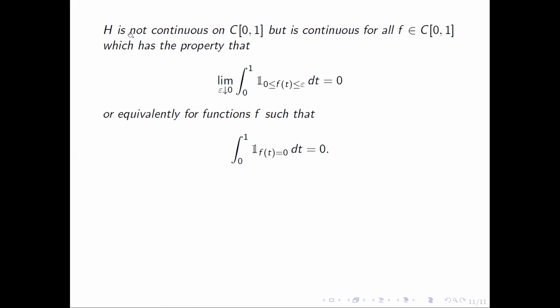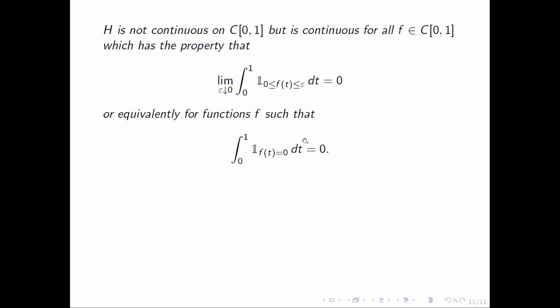Now suppose H is not continuous on C[0,1], but it is continuous around functions that spend little time at 0. If the set of points where the function is 0 has Lebesgue measure 0, then it is continuous. For example, if your functions satisfy the property that the integral from 0 to 1 of the indicator of f(t) in [0, epsilon] dt goes to 0 as epsilon goes to 0, then pushing the epsilon inside, equivalently the Lebesgue measure of the set of points where the function is 0 is 0.